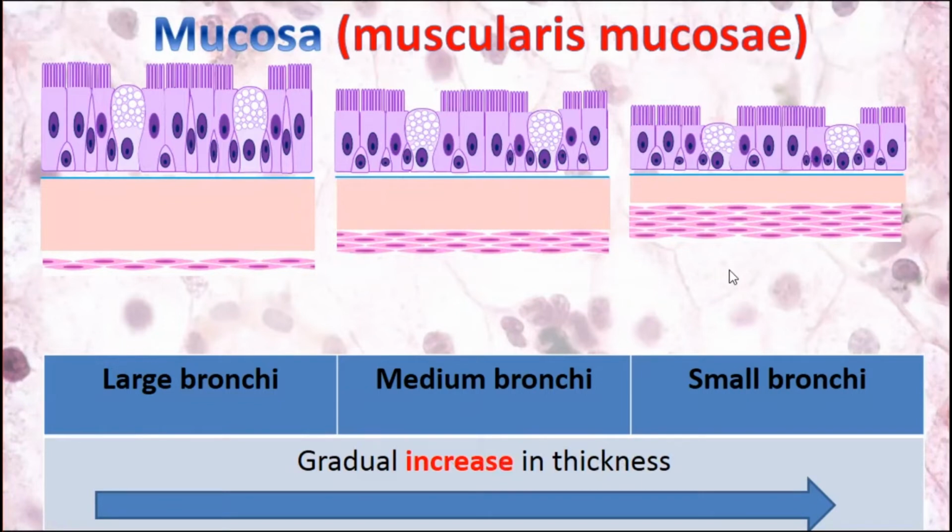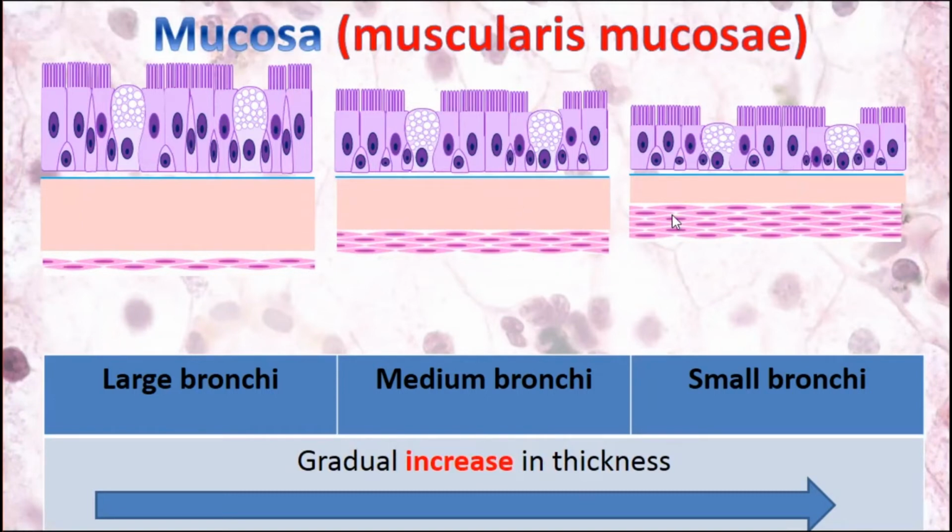If you remember trachea, in trachea this Muscularis mucosa is almost absent. It's not well developed in trachea. But in the bronchi, we can see here gradual increase in thickness, and the best development of Muscularis mucosa is present in small bronchi. And I told you before that this has very big clinical significance.